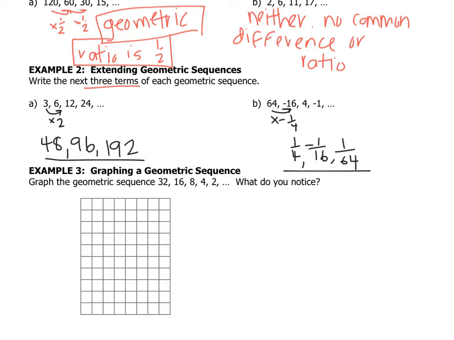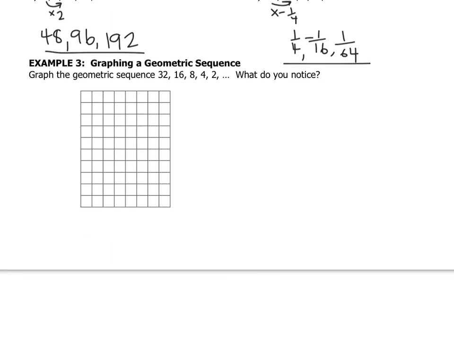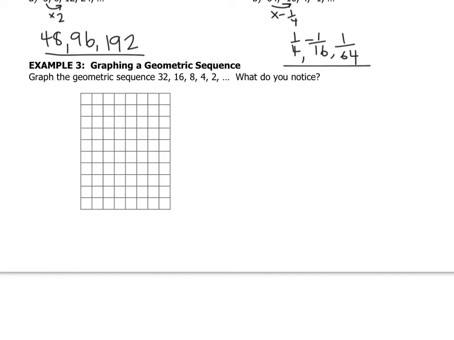Now we did also something like example 3 back when we did arithmetic sequences. We said that the term number was the x value and the value was the y value. So let's see what happens when we go to graph this. So term number is x, and then let's say the number or the value will be y.